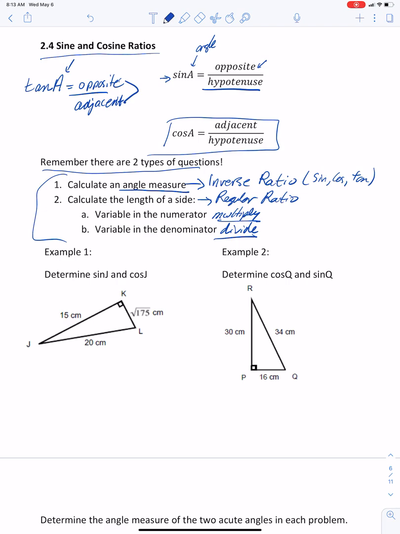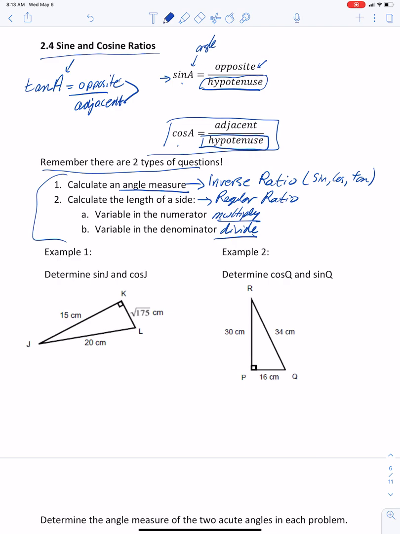Now remember that sine and cosine, because the hypotenuse is in the denominator and the hypotenuse is the longest side, what do you think that's going to tell us about the value of sine and cosine of those ratios? Yep, I hope you said that they're going to be less than 1 in these triangles, because the denominator is always going to be bigger than the numerator.